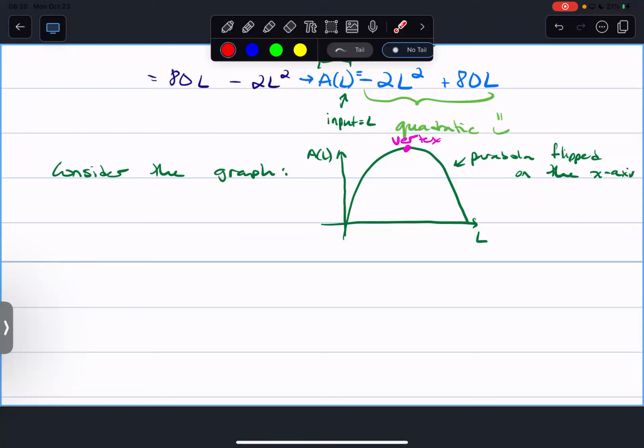And then what happens as I keep increasing the sides, what happens to the length in the middle? It has to get smaller and smaller and smaller. And so now all of a sudden my area is decreasing as I increase the length of the sides. So there is a value of L that maximizes the area.